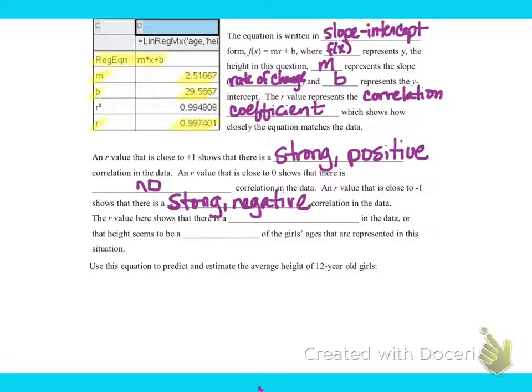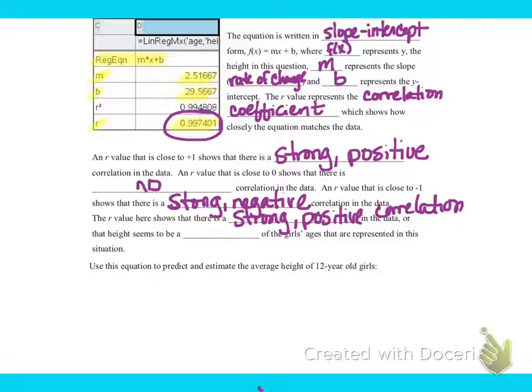So the r value in our table shows that there is a strong positive correlation in our data. And I know that because this value is really, really close to positive 1.